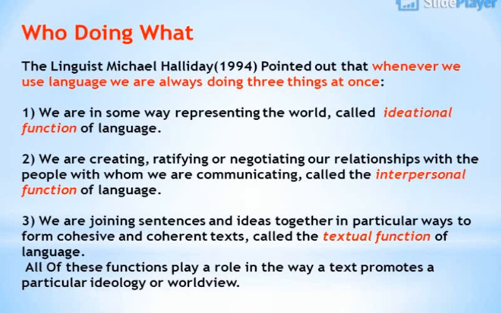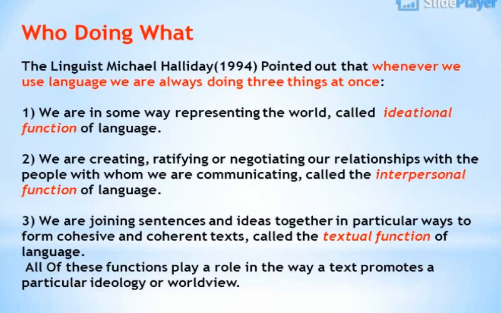The linguist Michael Halliday (1994) pointed out that whenever we use language we are always doing 3 things at once. 1. We are in some way representing the world, called the ideational function of language. 2. We are creating, ratifying, or negotiating our relationships with the people with whom we are communicating, called the interpersonal function of language. 3.